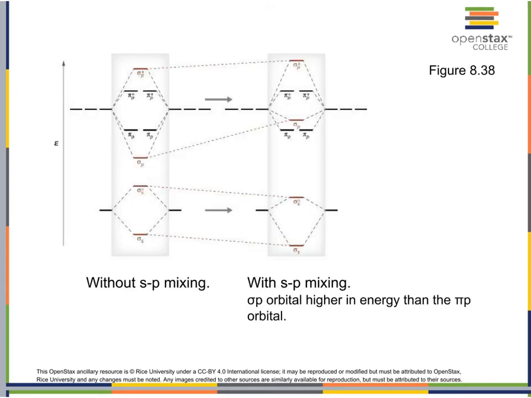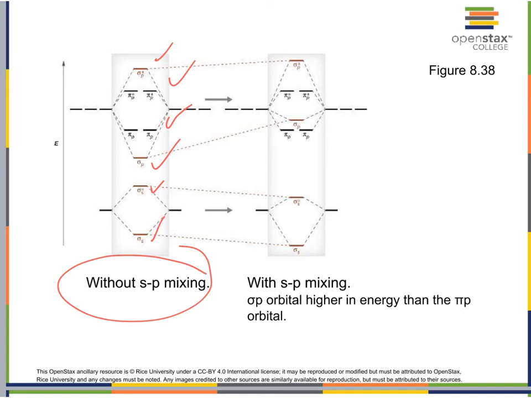Okay, so when we look at this without mixing, standard, it's the sigma, sigma star 2s, then you've got the sigma 2p, pi 2p's, pi star 2p's, and sigma star 2p.